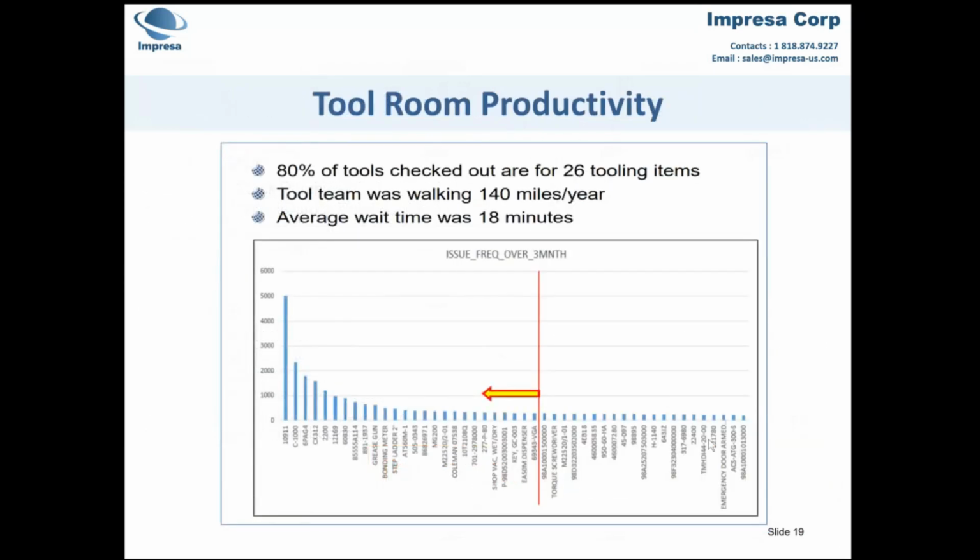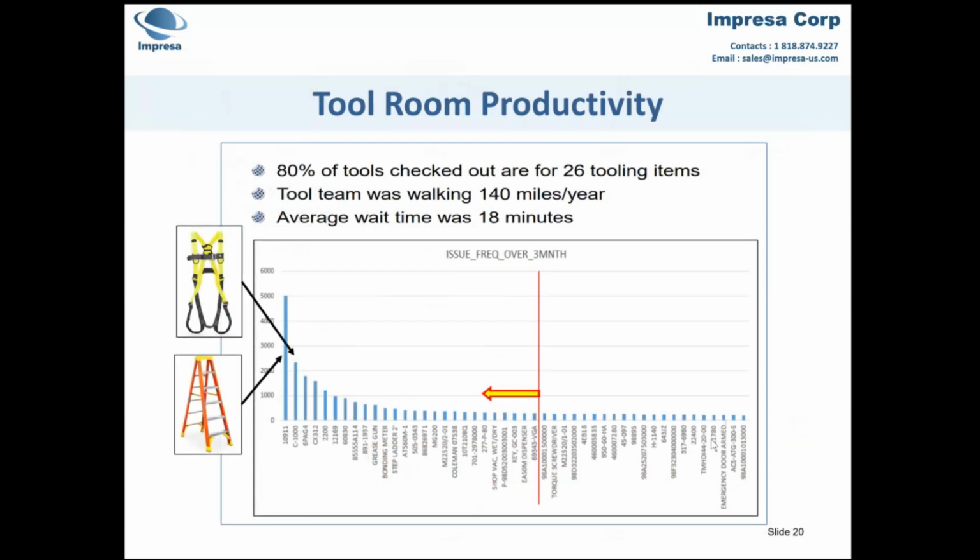We provided a Pareto diagram of the extracted data, and in the end it showed that the safety harnesses and ladders were the highest frequency tools checked out, and these were located way back in the tool room. In total, over a 3-month period, over 19,000 tools were checked out and back in.